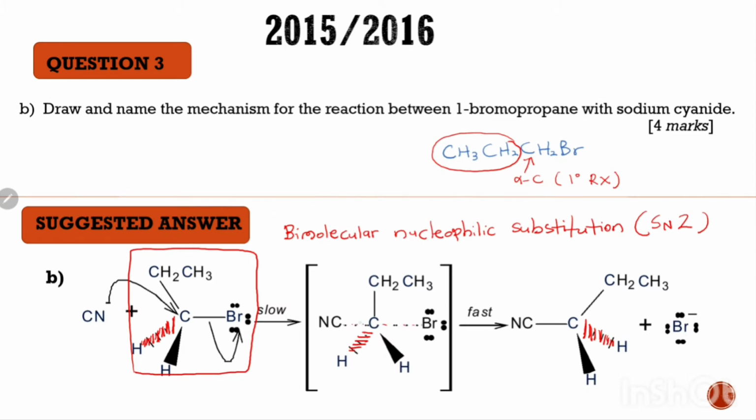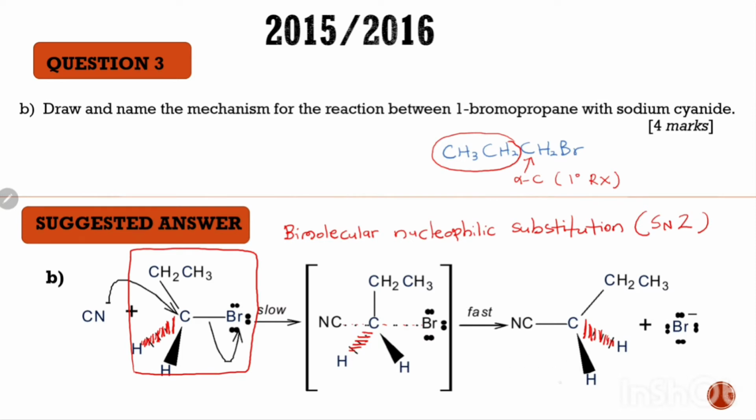Okay, we draw dotted lines to show the carbon bromine bond is partially broken and the CN bond is partially formed. Okay, and then in a fast reaction, we will get the final product, where the C-Br bond has broken completely and the C-CN bond has formed completely.